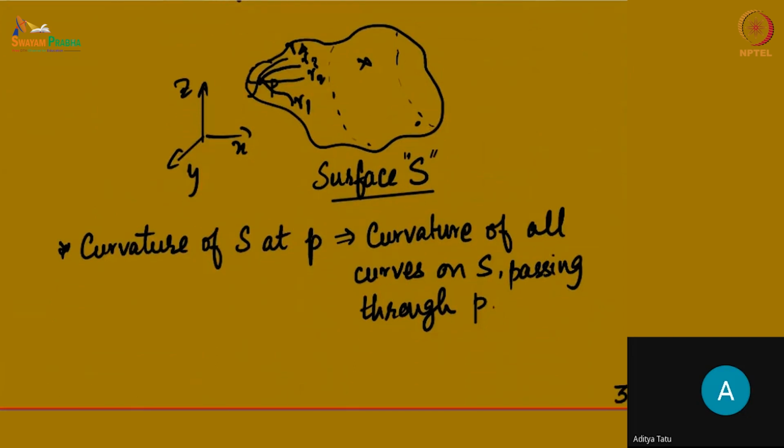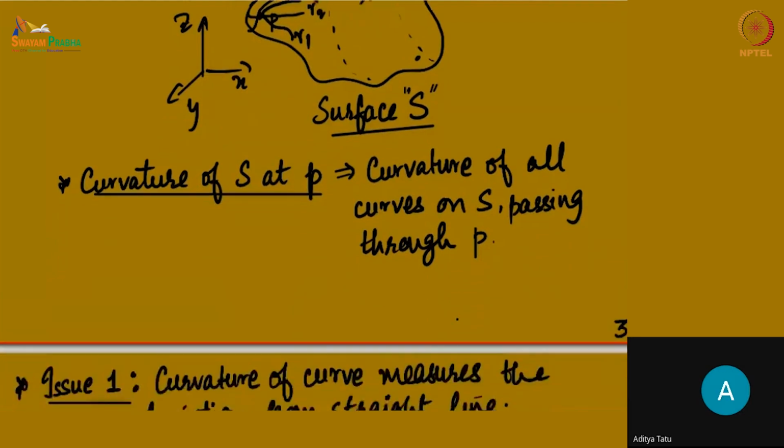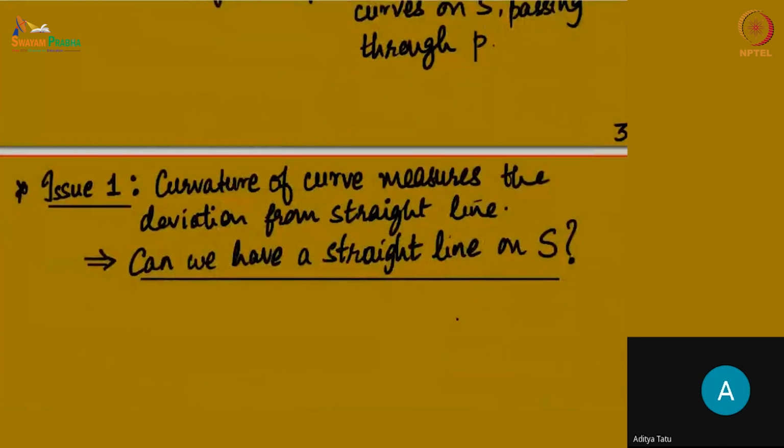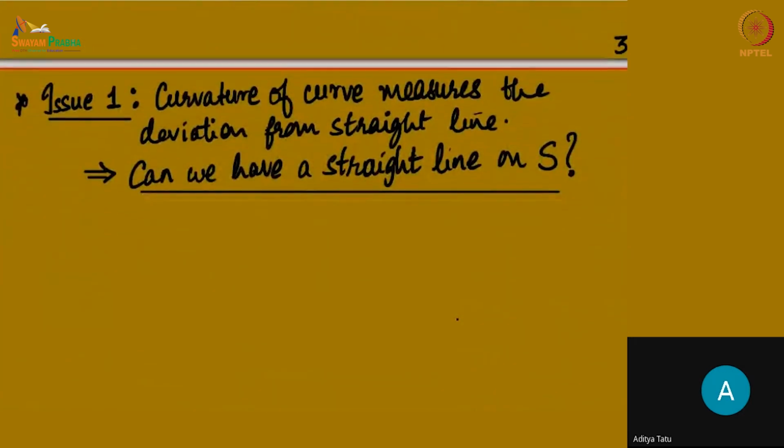To measure curvature of the surface at a point P, we are going to first see how to summarize or capture curvatures of all curves on the surface that pass through the point P. Clear? So it's not as easy as it sounds.